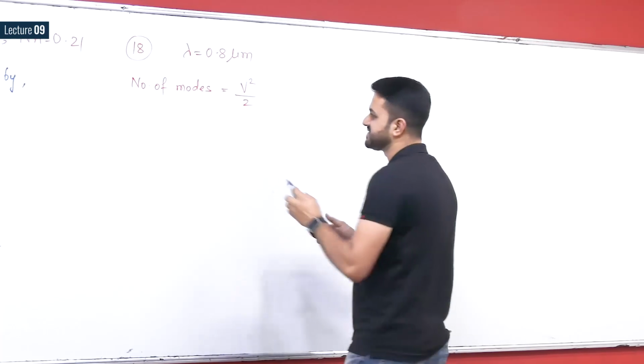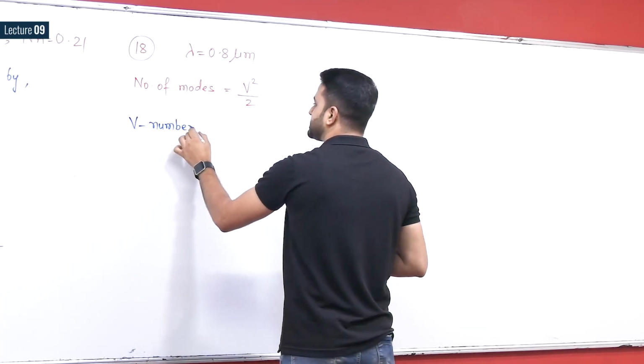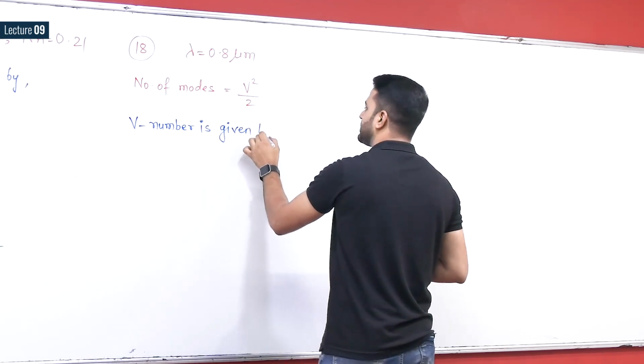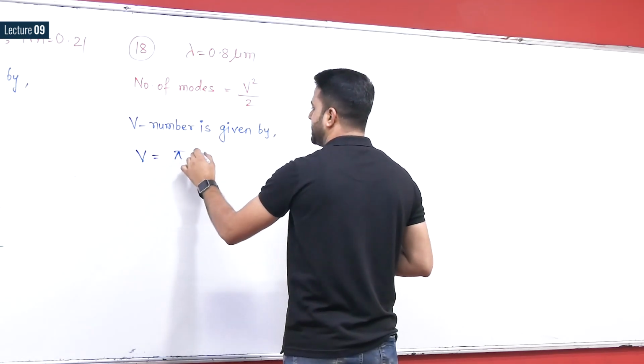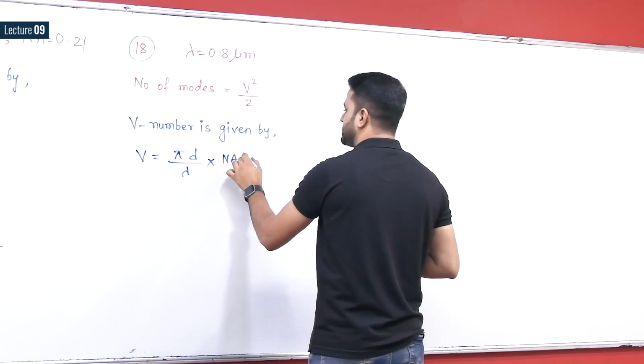So we have to calculate this V number. This V number is given by V is equal to pi d by lambda into numerical aperture.